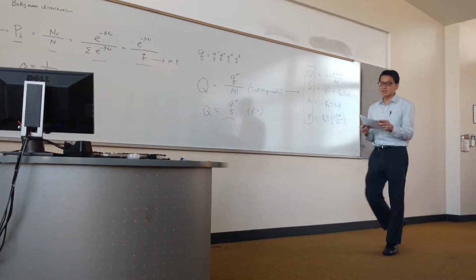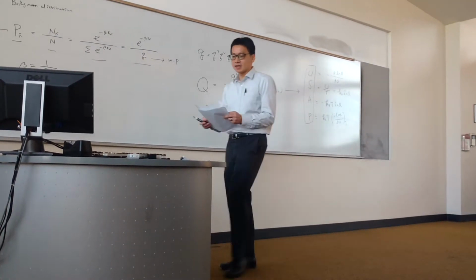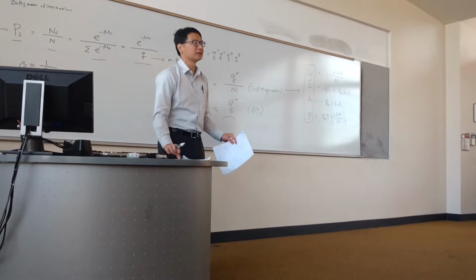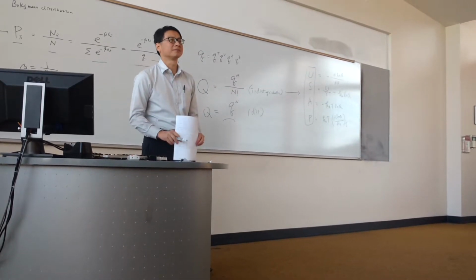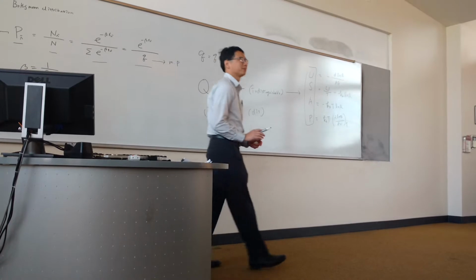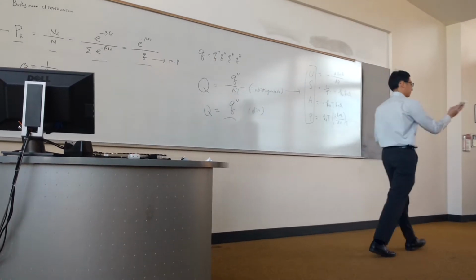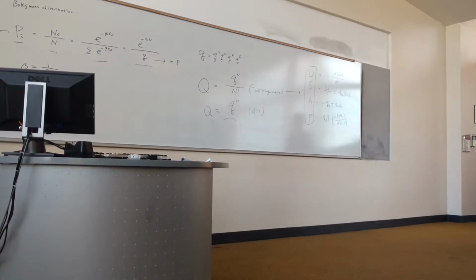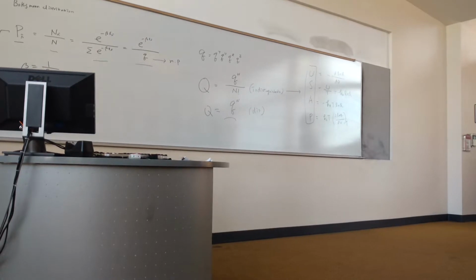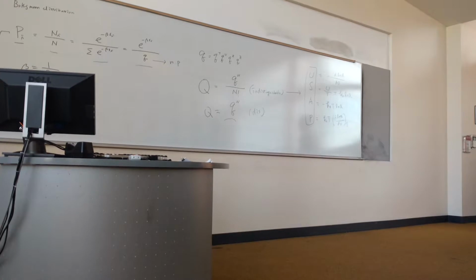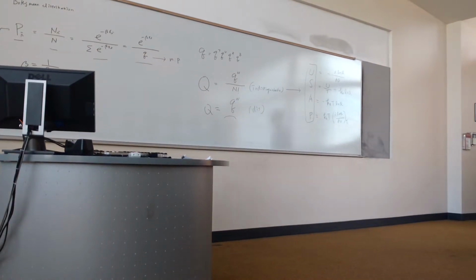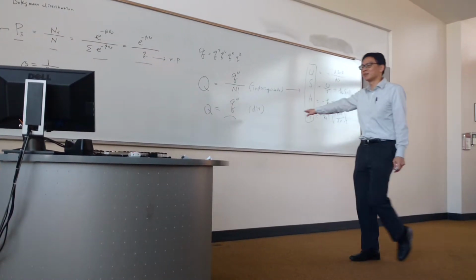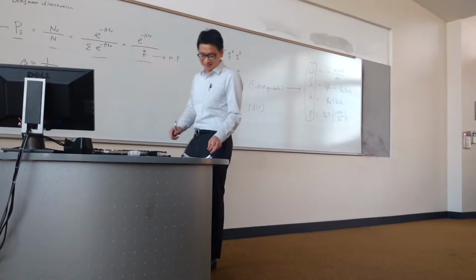Alright? So these are the very important things that you need to know for this chapter. Yes? Or not? 17. I don't really remember which chapter. The chapter after. This is statistical thermodynamic chapter.